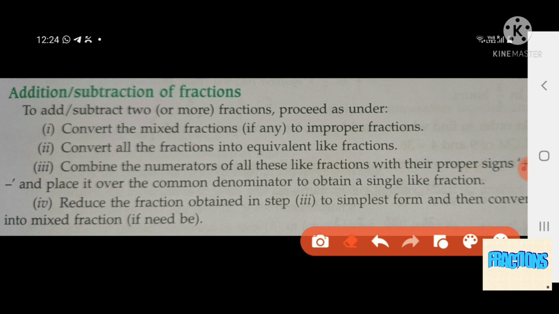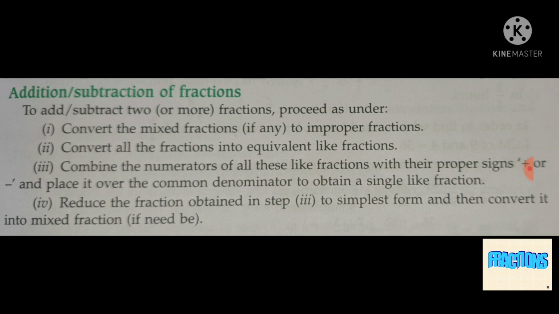Then we have to combine the numerators of all these like fractions with their proper sign, plus or minus, and place it over the common denominator to obtain a single like fraction. Okay, now I am giving you an example. So let's begin with the example.